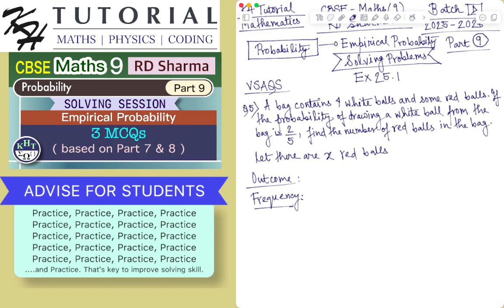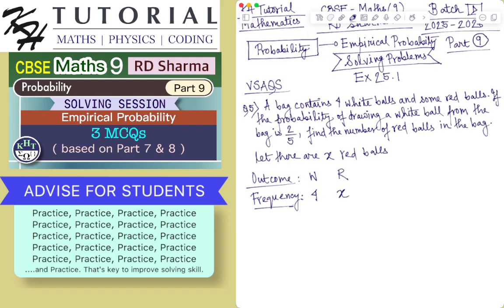So that is the experiment. Now the bag contains 4 white balls. By W I mean number of white balls. So its frequency is given to be 4, and I am considering capital R to be red balls, and its frequency we don't know. So we are considering x to be the number of red balls in the bag.